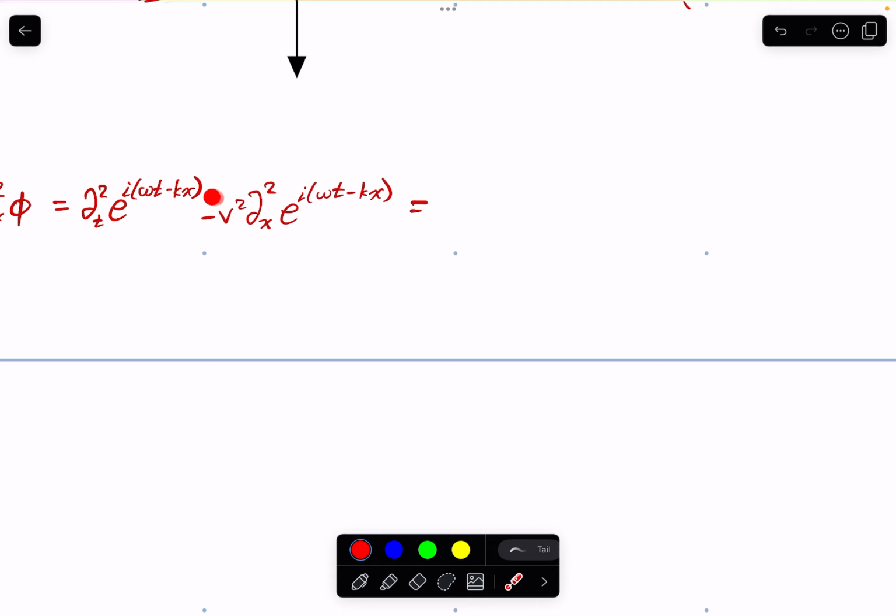So the derivative of this with respect to time is only going to have a factor of i times omega come to the front.